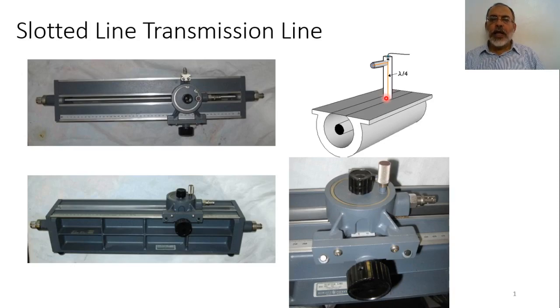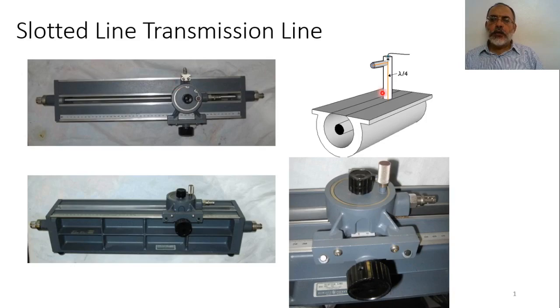So if there is a standing wave pattern along the length of the transmission line, by moving the probe along the line, we can measure a DC voltage varying in the same form as the standing wave pattern.